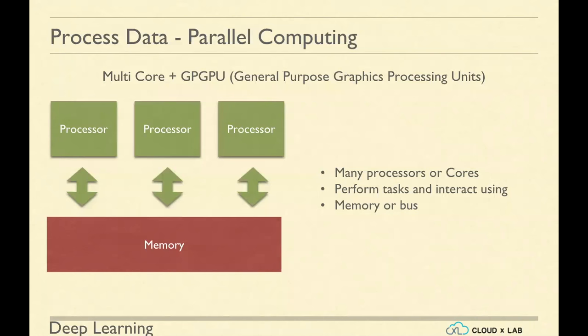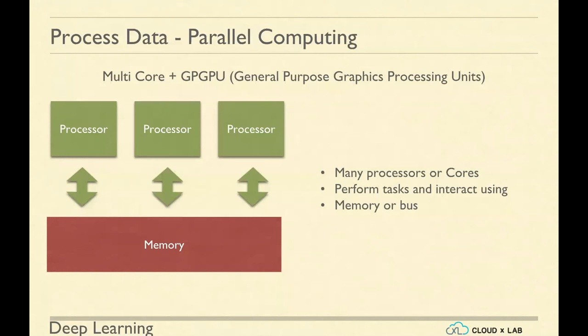Again, there are two kinds here. One is normal dual core, quad core, the kind of computers that you have been using. The other is GPU or general purpose GPU. So these are the basic kinds of parallel computing.